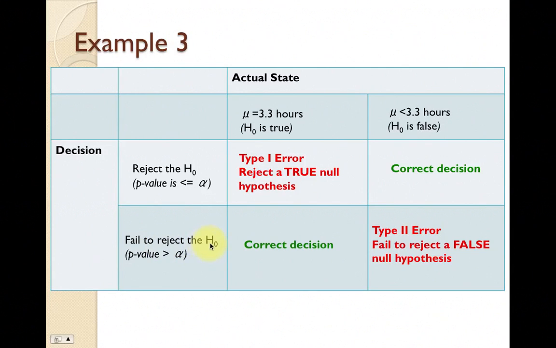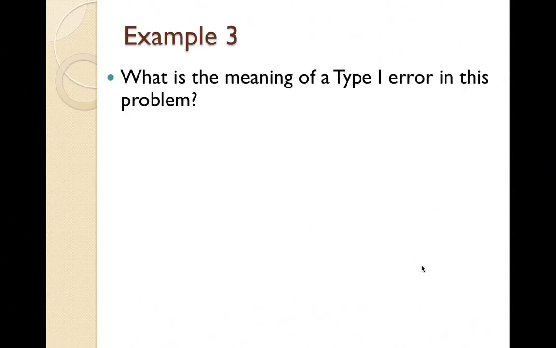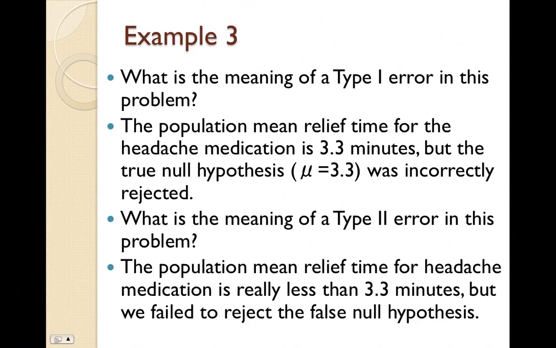We didn't reject that 3.3, but we should have, because the mean is really less than 3.3. We failed to reject a false null hypothesis. So putting that into words in the context of the problem, the population mean relief time for the headache medication is really less than 3.3, but we failed to reject the false null hypothesis. That would be the meaning of a type 2 error.